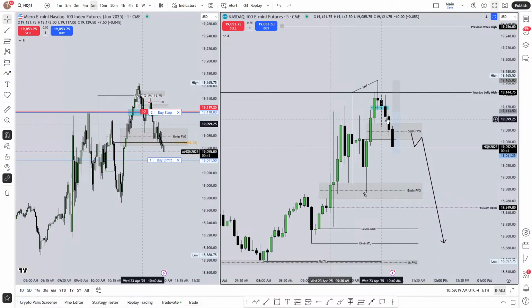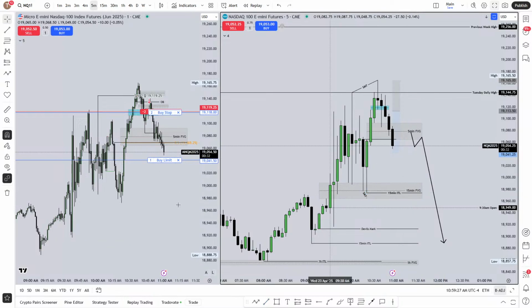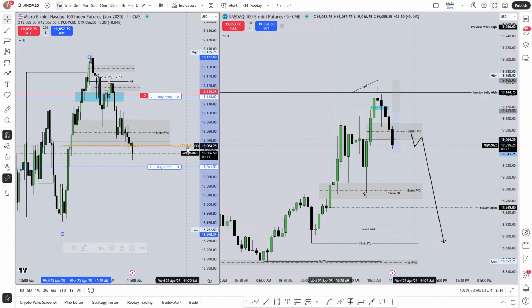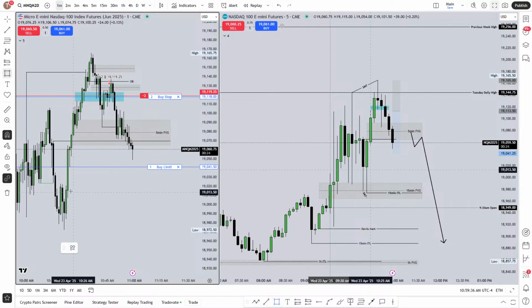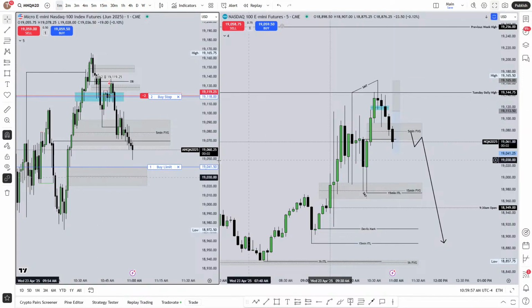Alright, so in the next 40 seconds, I want to see it close below here. That'd be really good. It's just this order block right here is the only thing.